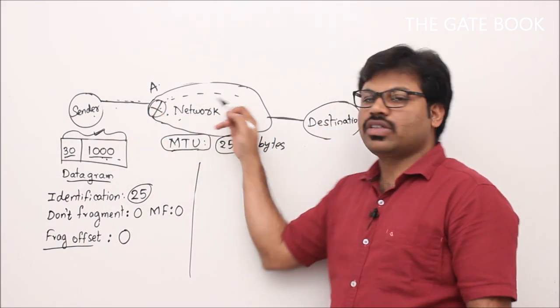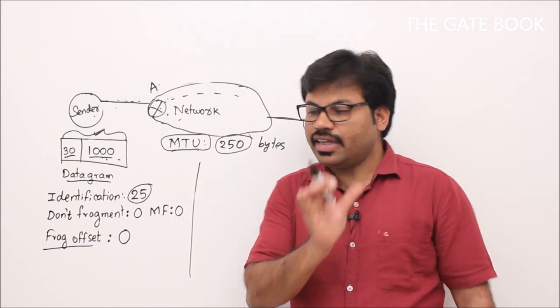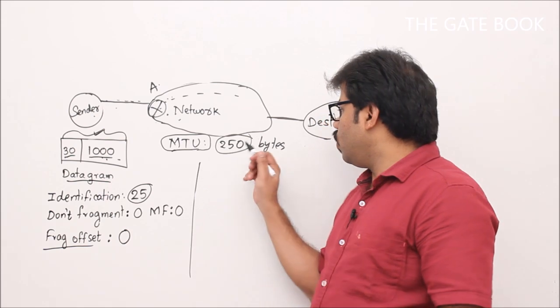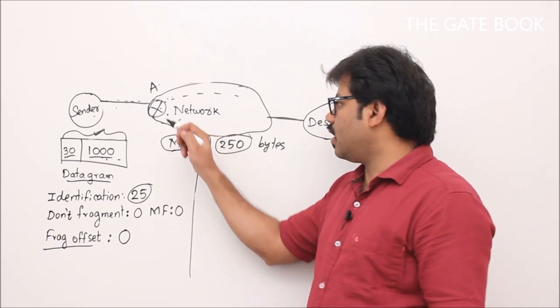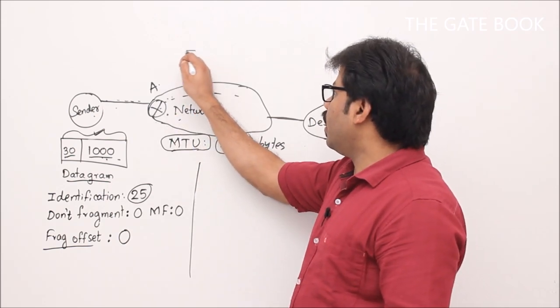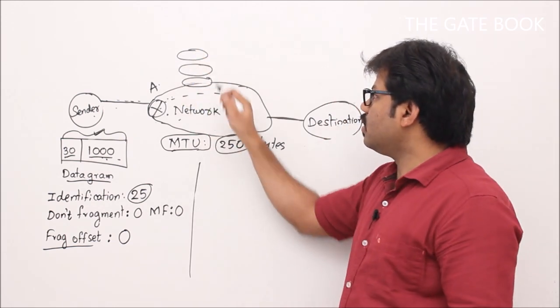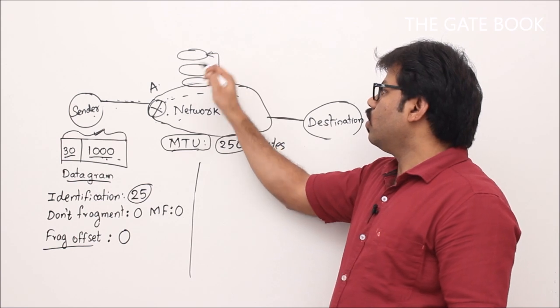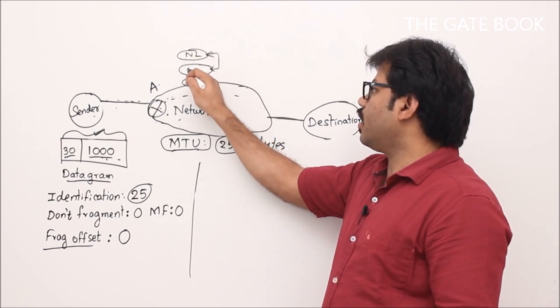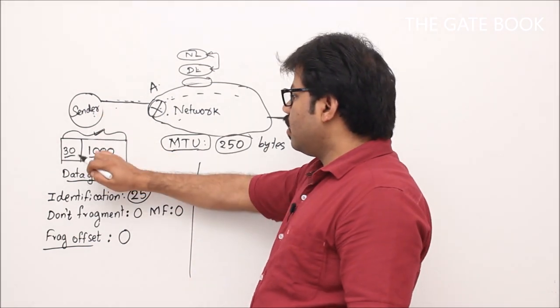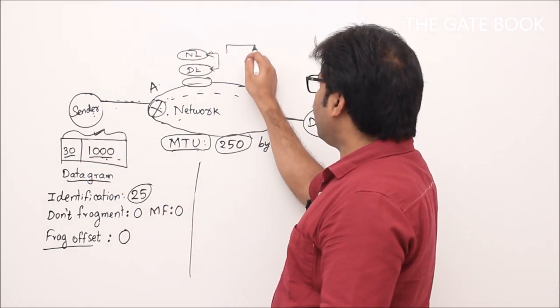That means the data link layer of this network says that I allow a payload of only 250 bytes. This is your network. The network is having 3 layers, correct? Now this is the communication between these two: network layer and data link layer. Sender sent some datagram, and the network layer received it already.